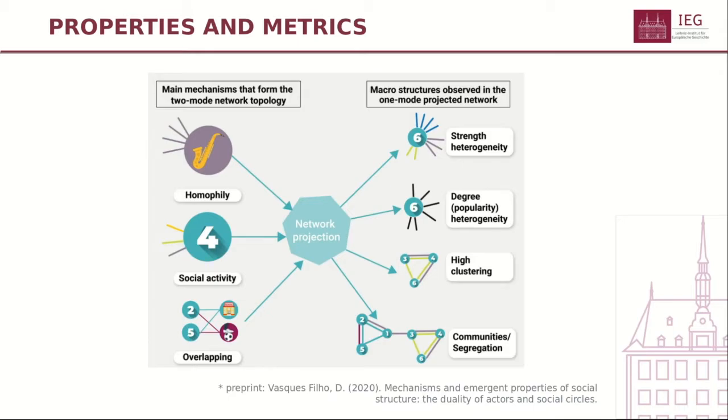and we use this projection to analyze our system, we naturally have the network properties that we observe in empirical data, right? That we are used to seeing in empirical data, which are heterogeneous distributions of popularity and strength. That is, we have few nodes with many connections or interactions, and most nodes with only a few of those connections.